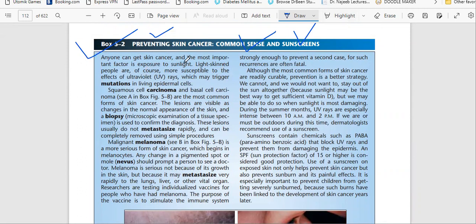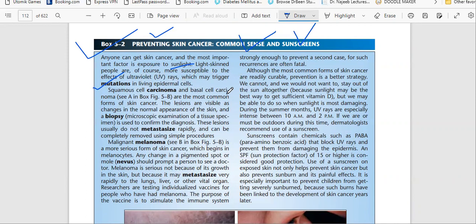Anyone can get skin cancer, and the most important factor is exposure to sunlight. Light skinned people are, of course, more susceptible to the effects of ultraviolet rays, which may trigger mutations in living epidermis cells. So why does skin cancer happen? It is most commonly due to exposure to harmful rays from the sun.